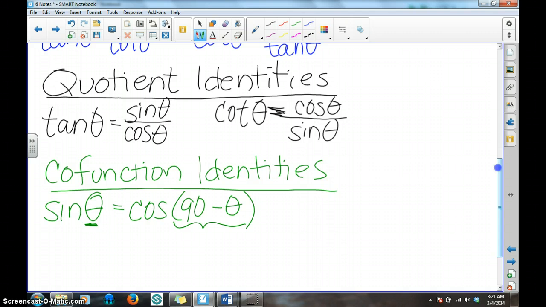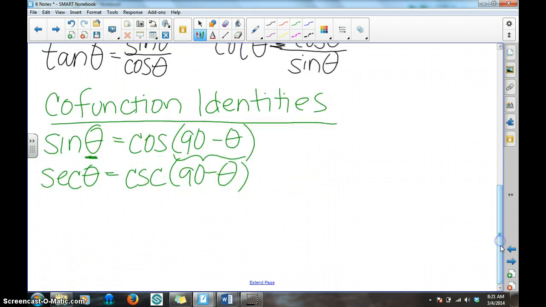They are interchangeable. I just don't feel like writing it twice. Likewise, secant of theta will be equal to the cosecant of 90 minus theta, or vice versa. And finally, tangent of theta is equal to the cotangent of 90 minus theta.